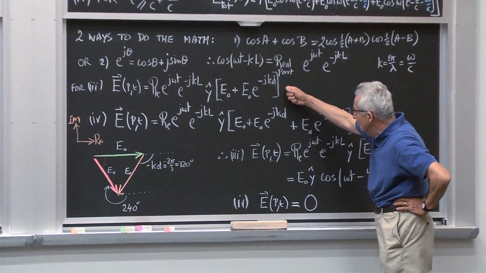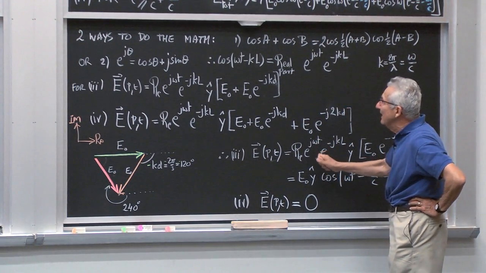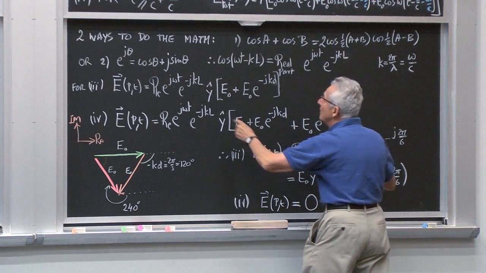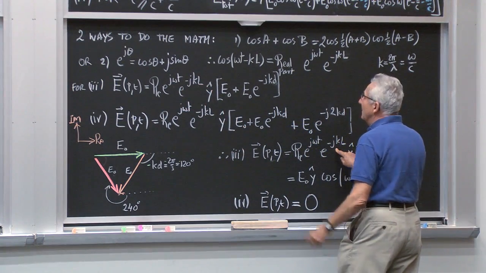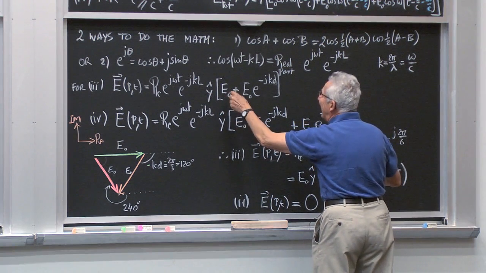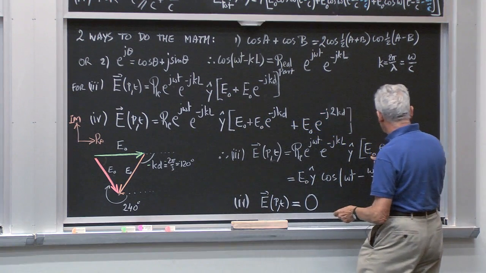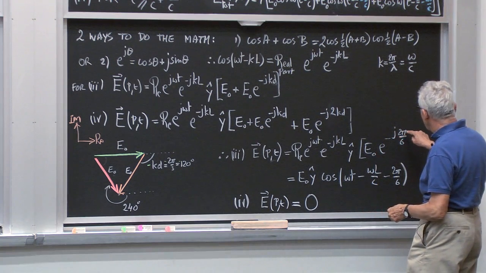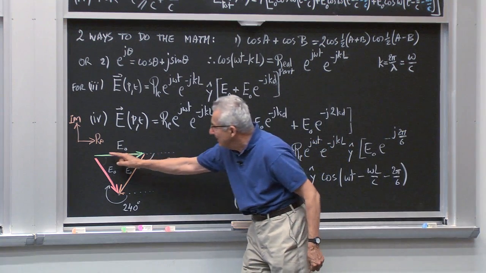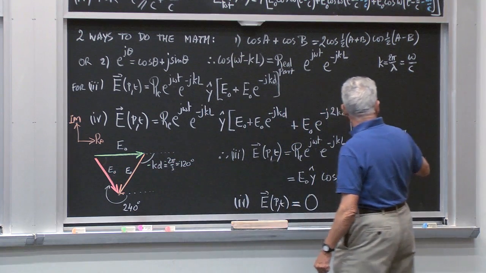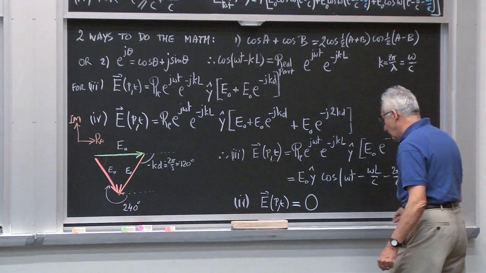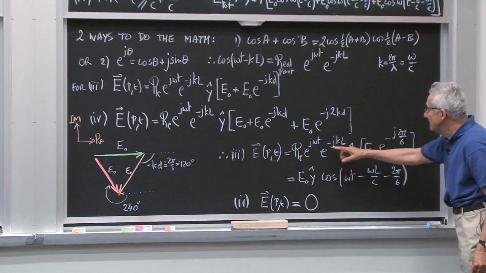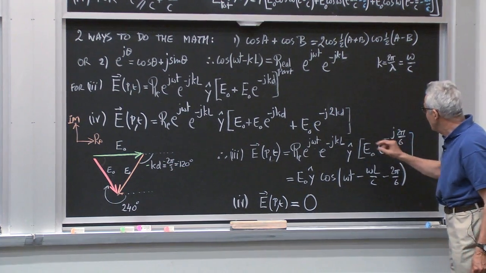And so adding those two will give me just the real part of e to the j omega t, e to the minus jkl in the y direction, and adding those two is E0 in the direction of 60 degrees, which is minus 2 pi over 6. Okay, so this describes this addition.